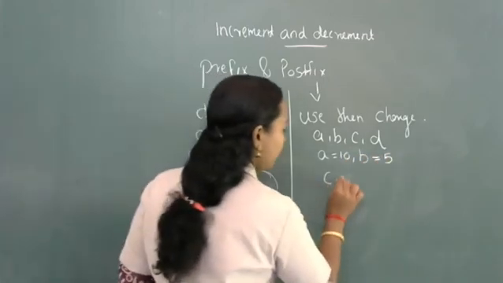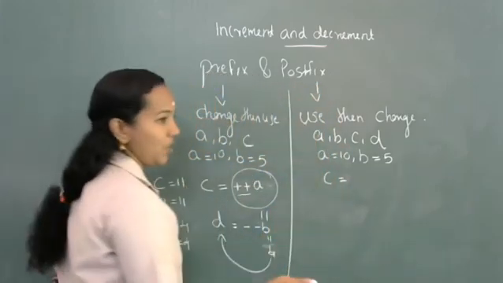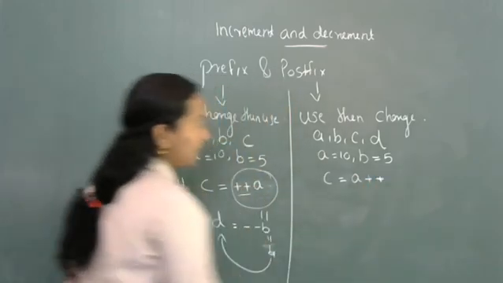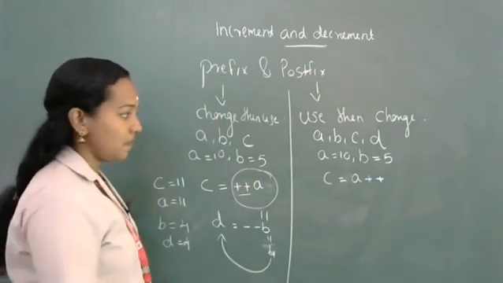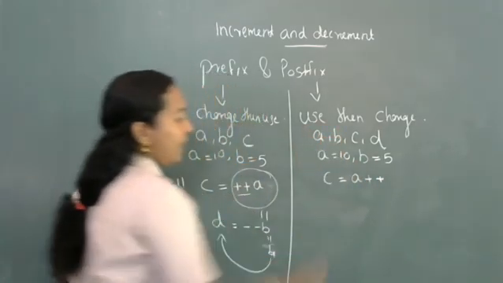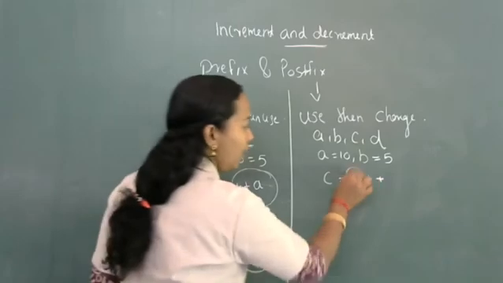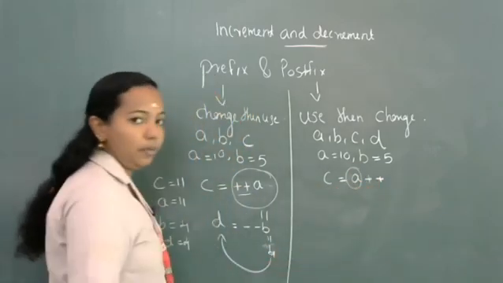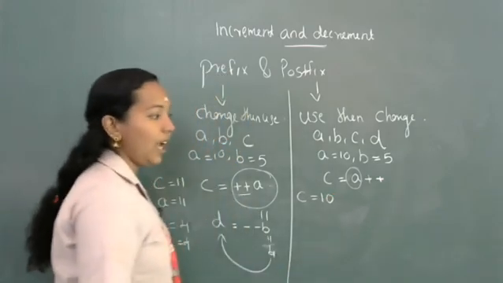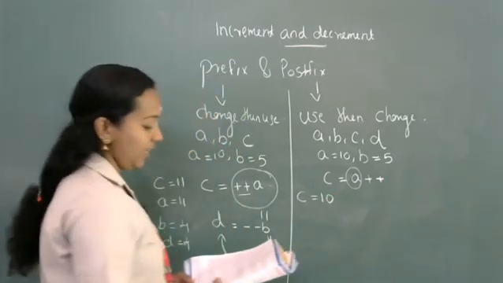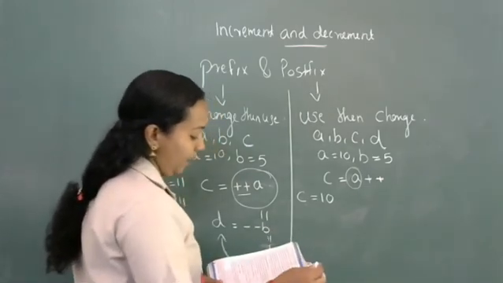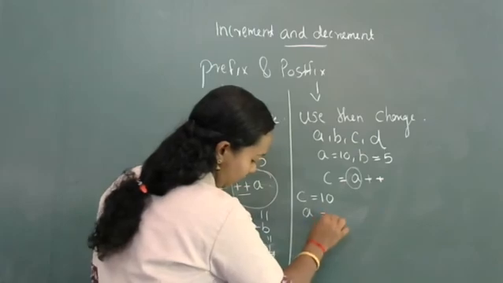Then I am going to execute c equal to a plus plus. Here it is postfix, so the operand will come first, then the operator. Use then change. First, the value of a is copied into the variable c, so the value of c equal to 10. Then the value of a becomes 11.